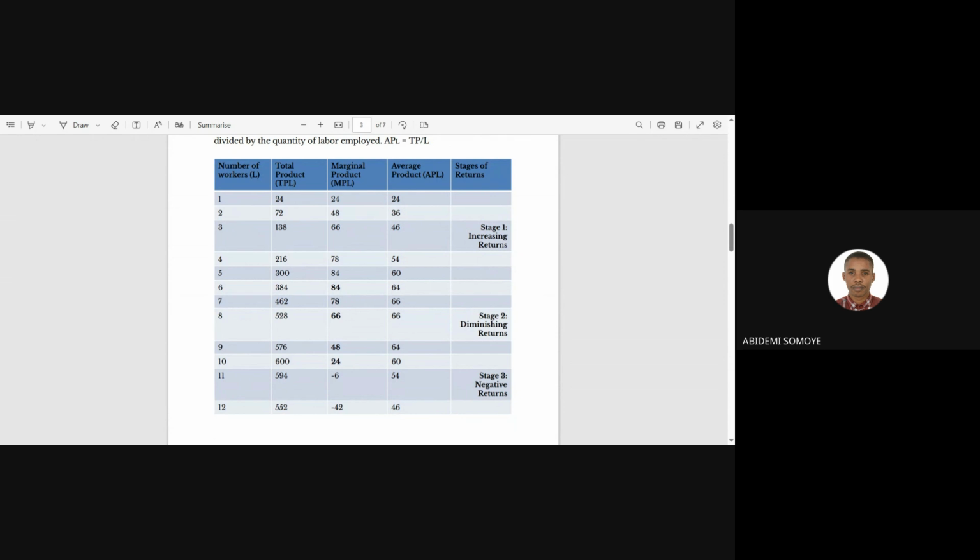If we look at when the number of workers is 4, that will be 216 minus 138 divided by 4 minus 3.